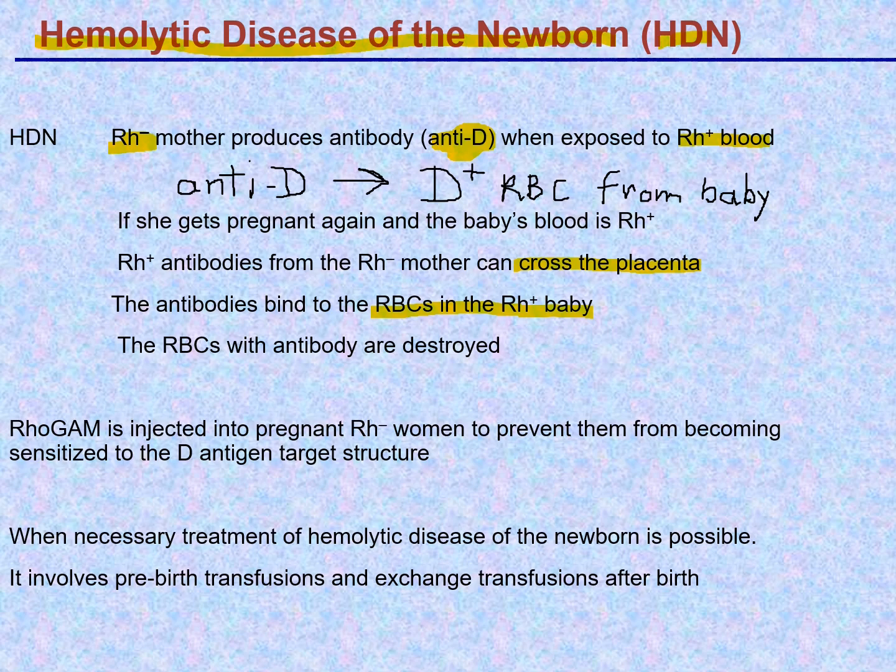In order to prevent this, all pregnant Rh negative women receive an injection with an antibody preparation, a drug called Rogam.